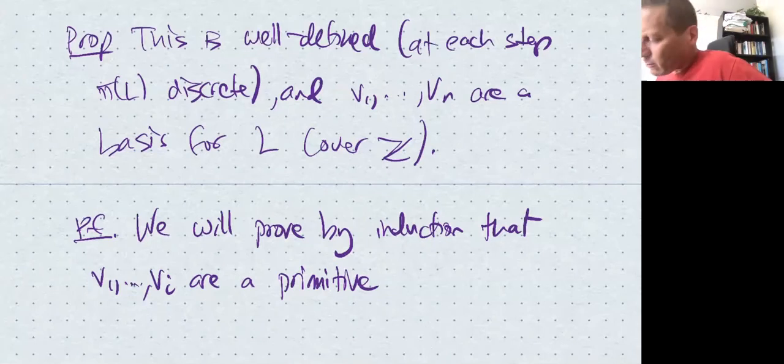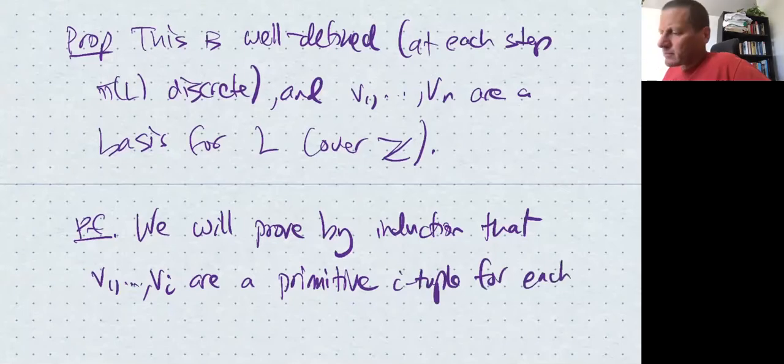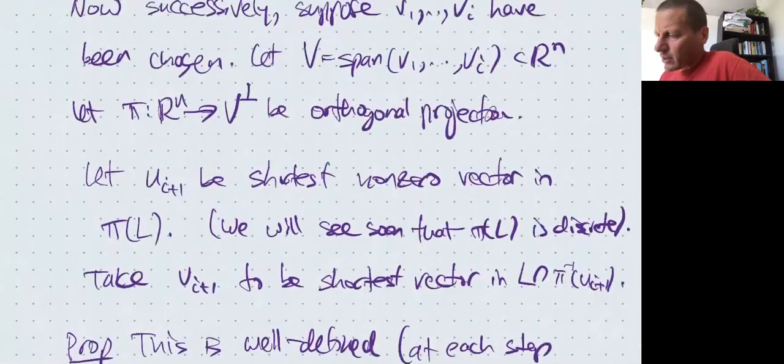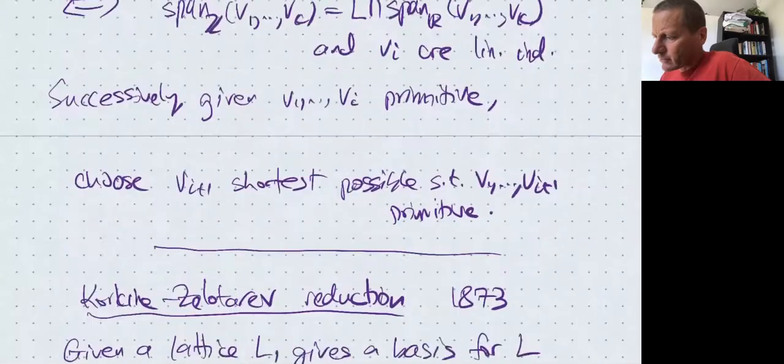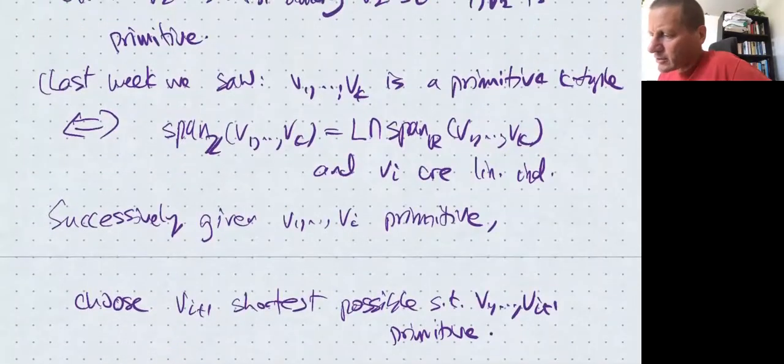Okay, so we're going to prove by induction on i that v1 up to vi are a primitive i-tuple for each i. Let's go back to this. Recall this characterization of what it means for a k-tuple to be primitive.